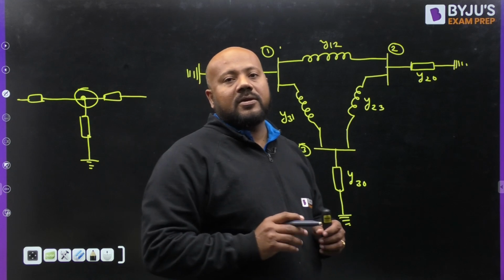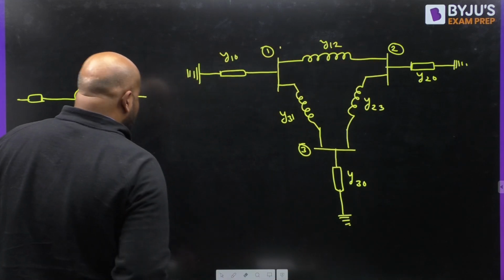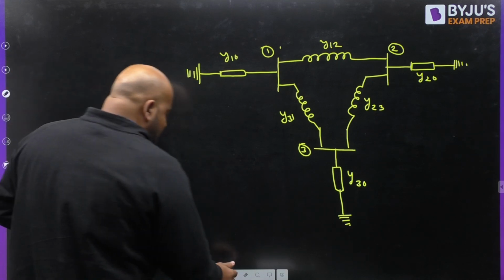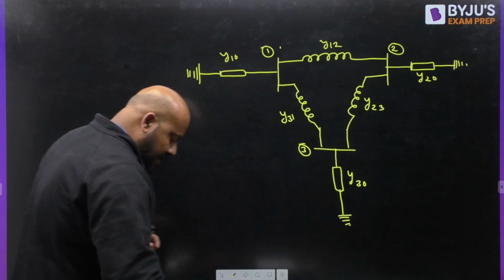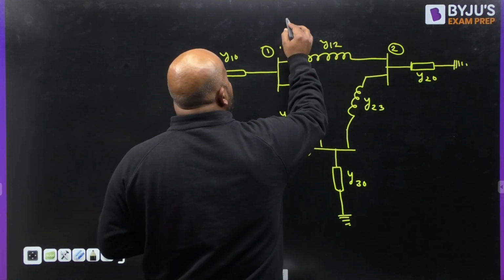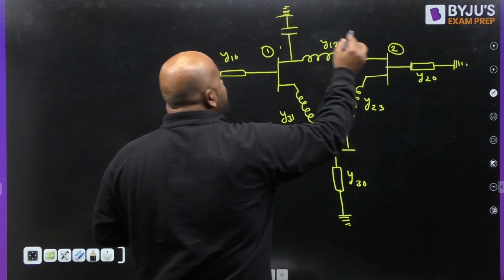So that will make your system more complex. To avoid this situation, we are going for the nominal pi model for each of these lines. And I am introducing line charging capacitances in all the lines. So for line 1 to 2, because it is capacitance, we can directly put the capacitance.